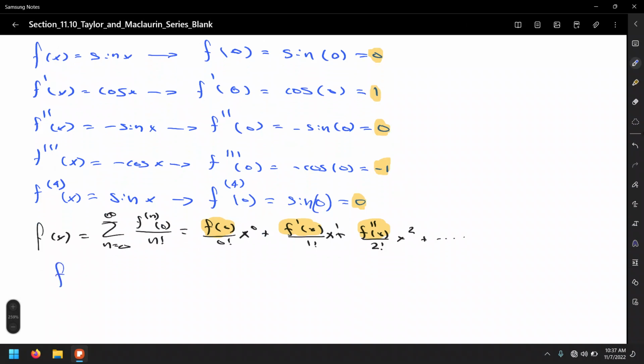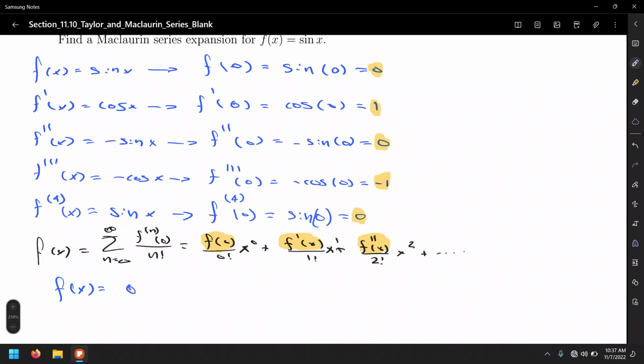And well, f of x equals, so the first term is 0. That means 0 x to the 0 over 0 factorial, plus 1 x to the first over 1 factorial, plus 0 x to the second power over 2 factorial, plus, what would be next? Negative 1 x to the third power over 3 factorial.